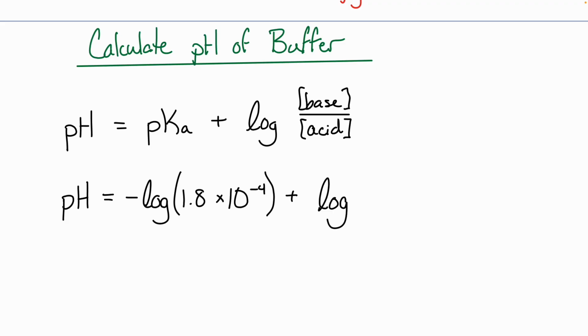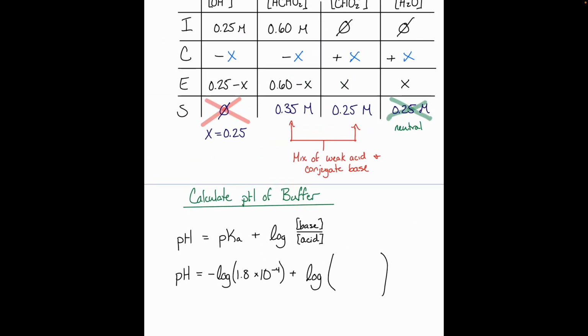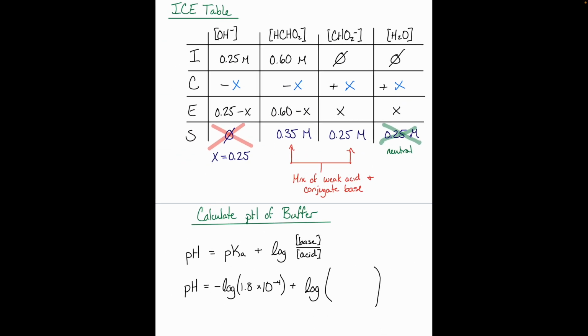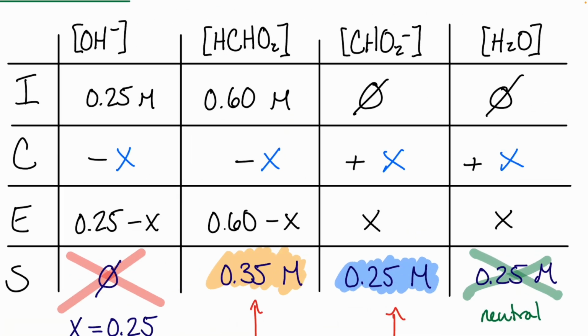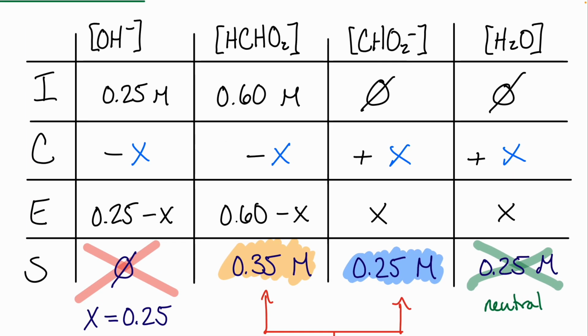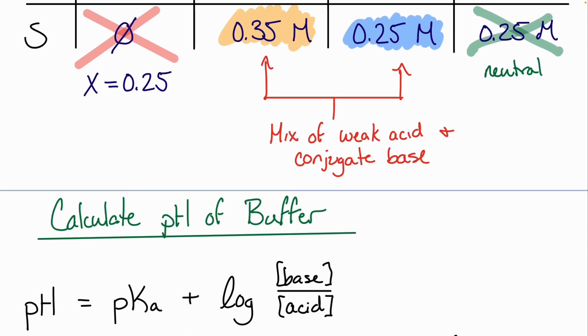And now I need to do the log of the concentration of base divided by concentration of acid. Importantly, which one of these is my base here? The 0.35 or the 0.25? Right? Looking carefully at our formulas here, this is my acid, this is its conjugate base.